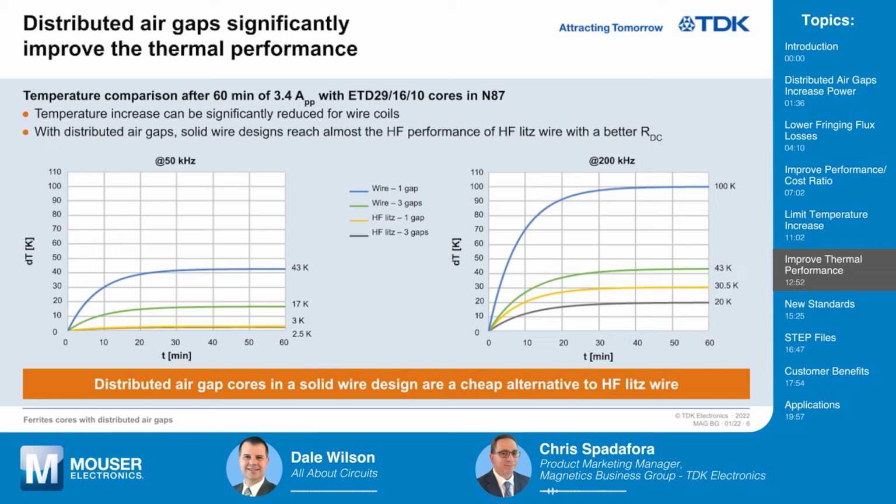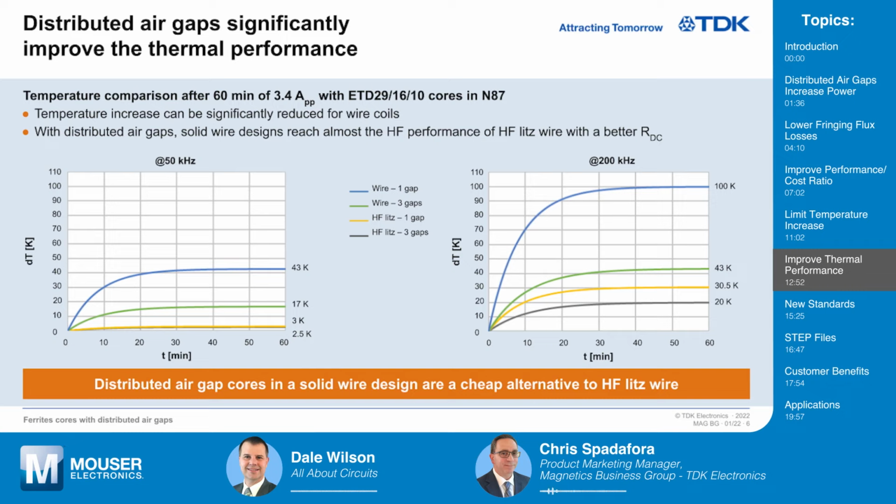So there's a lot going on in this chart here, but if we look from the left to the right at 50 kilohertz, the difference is not that great. But if we start to move the frequency up into that 200 kilohertz and above level, where a lot of people like to use Litz wire, you can see the high frequency Litz one gap and the high frequency Litz three gaps compared to the solid wire with one gap and three gaps.